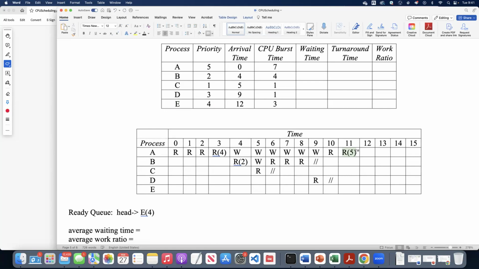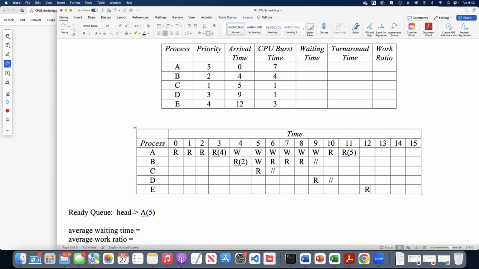So the current running process has a lower priority than the new process. So process A is inserted in the ready queue, priority value is 5. And E is selected and dispatched to run on the CPU. So A is interrupted by E.